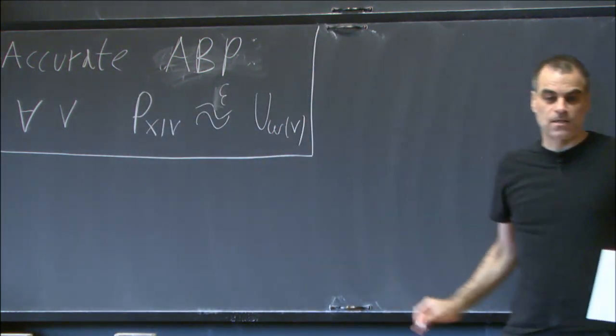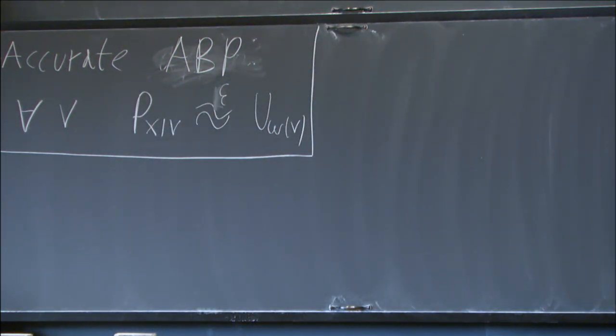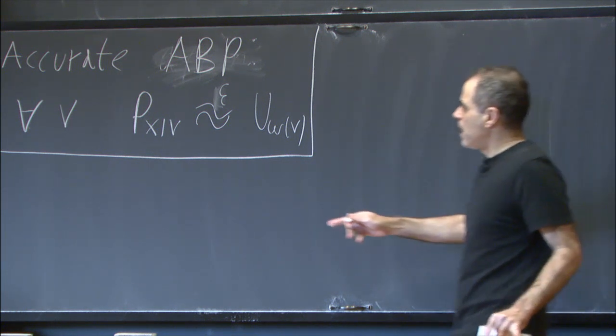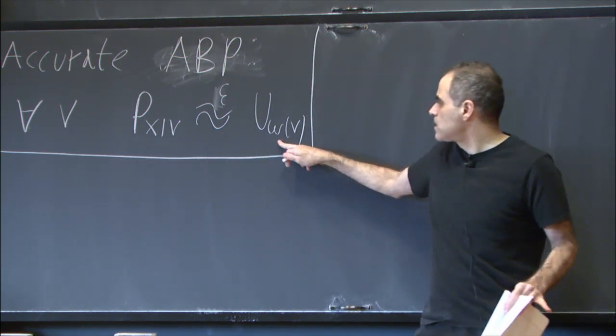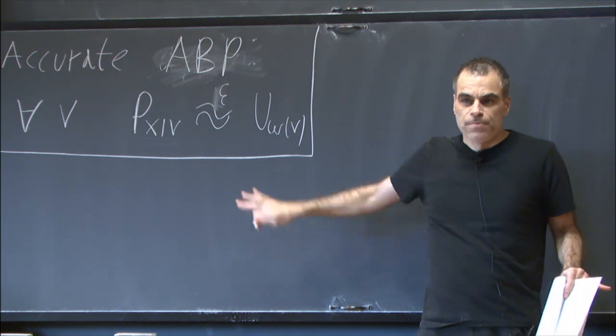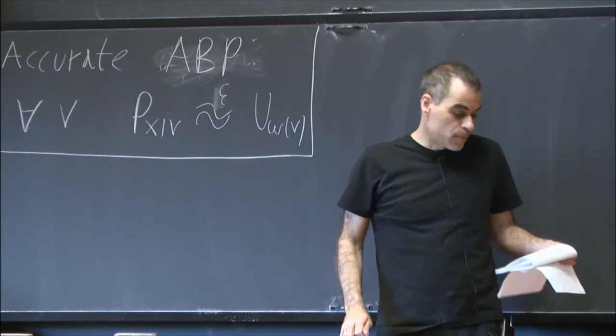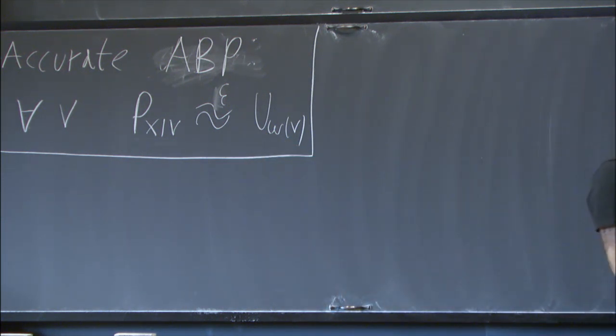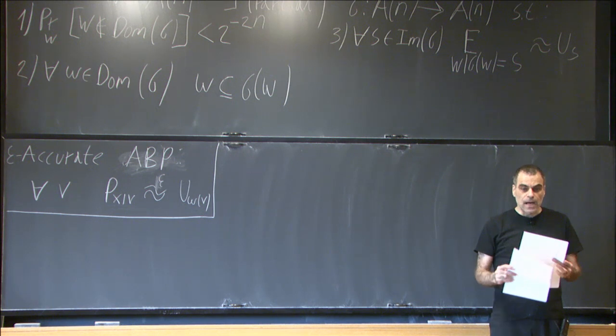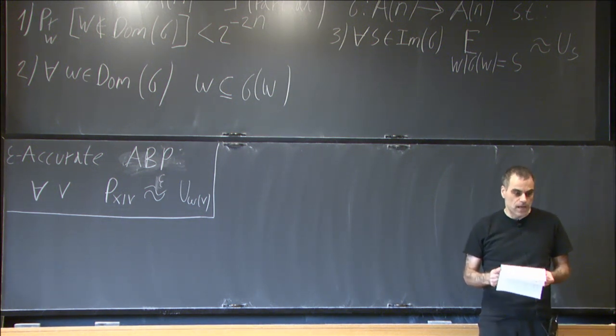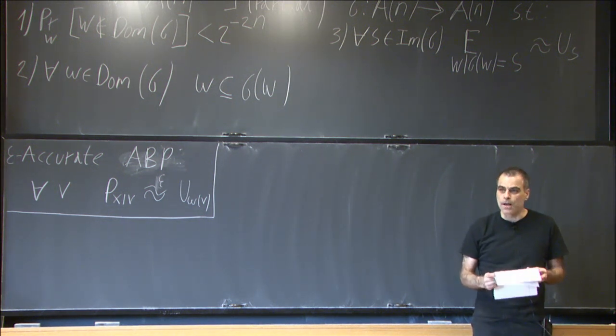If this is satisfied, then this is what you thought. But in general, an affine branching program can be anything, anything such that the support of this is W of V. But this is an accurate branching program, and in our simulation, we will simulate the general branching program by an epsilon accurate affine branching program.